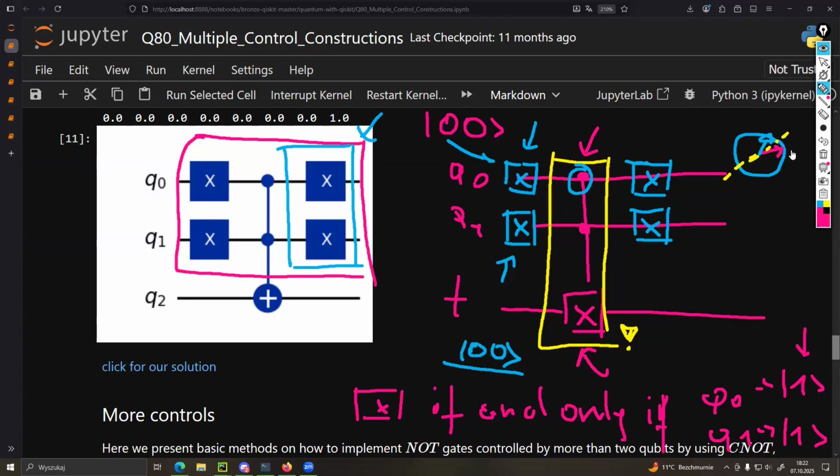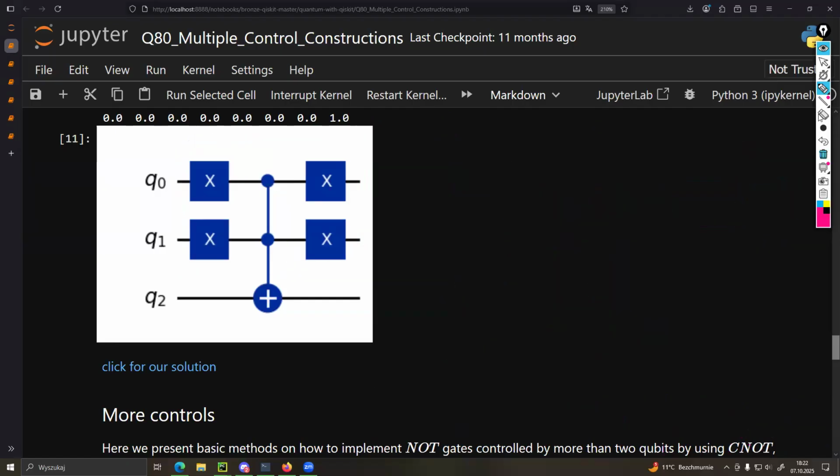So this is my temporary state. I perform a calculation, and then I want to go back to my original state for further calculations. This is why we have this entire construct.